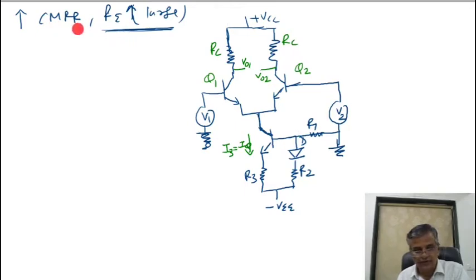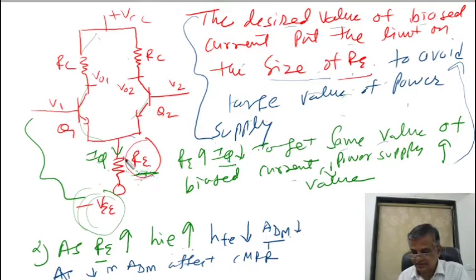To get a large value of CMRR, we have seen that RE should be large. To get a large value of RE means constant current should flow.